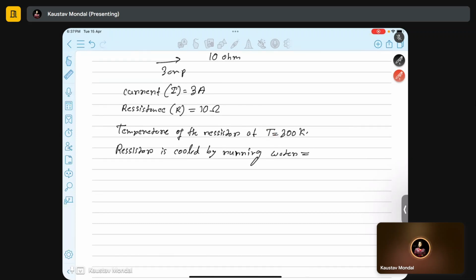So that means the system is in steady state.